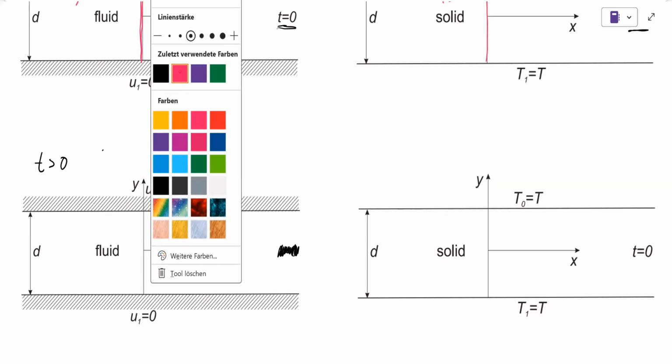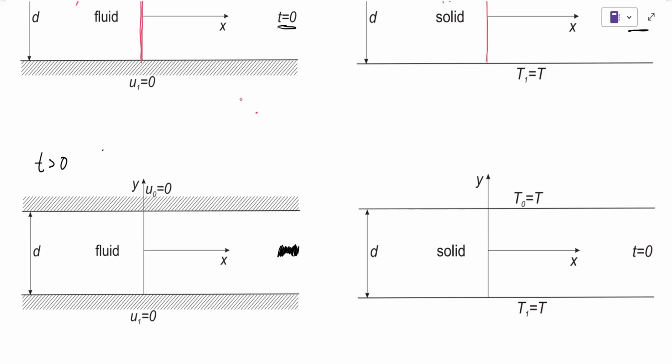That means that the upper plate has a certain velocity of capital U. So the velocity of the upper plate is 0 plus capital U, and at very small times the upper plate starts to move with the velocity capital U.